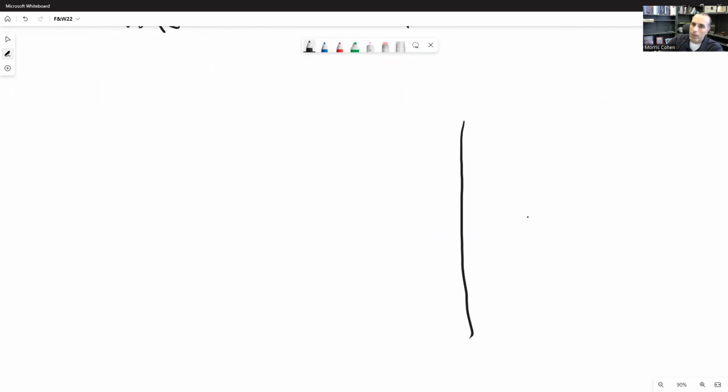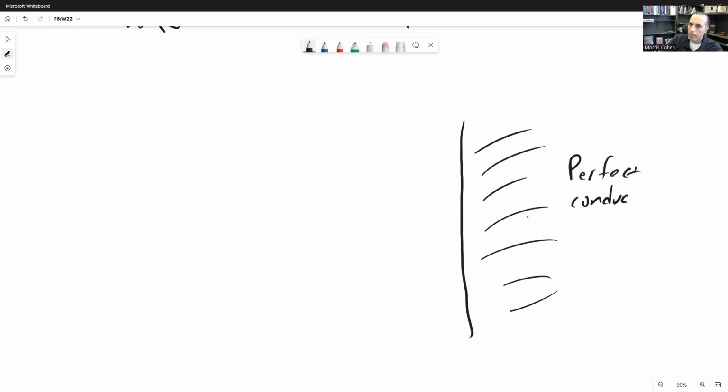So here's our boundary, and on this side we have a perfect electrical conductor. What that basically means is that the electrical conductivity sigma is infinity. Right? And let's define our axes the same way we did before.